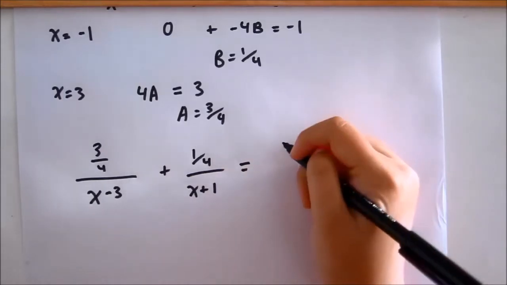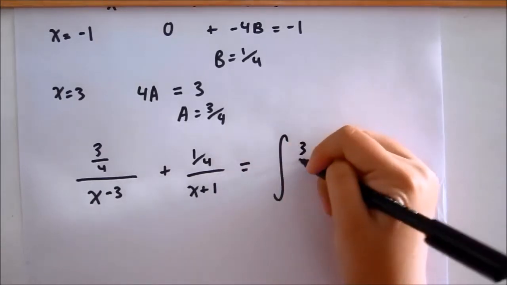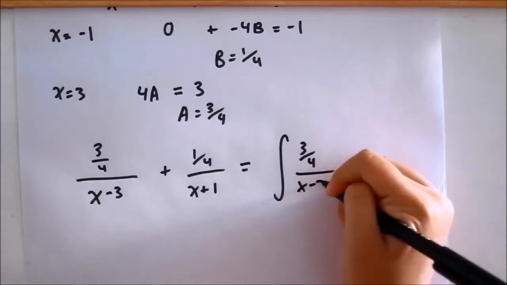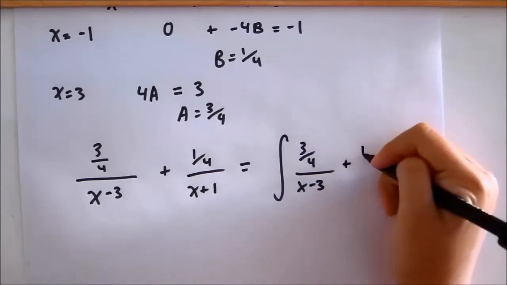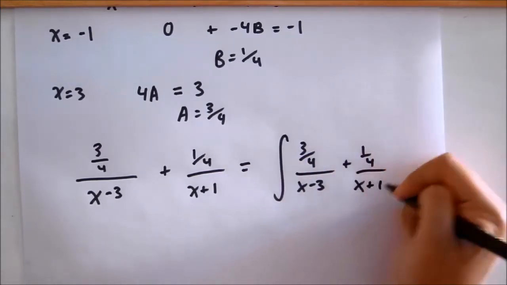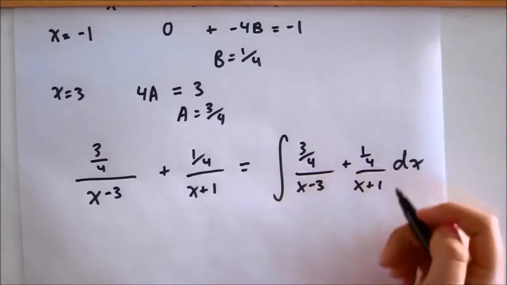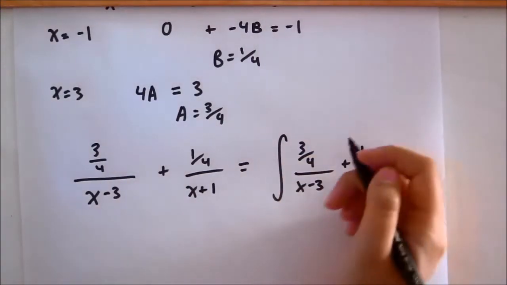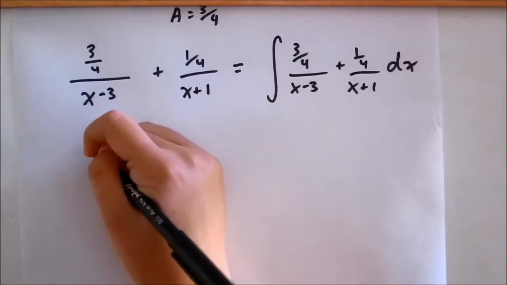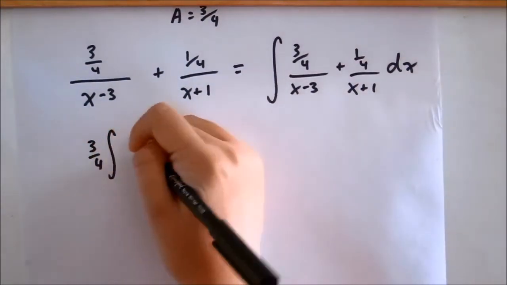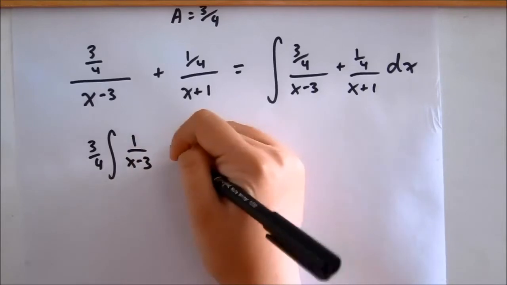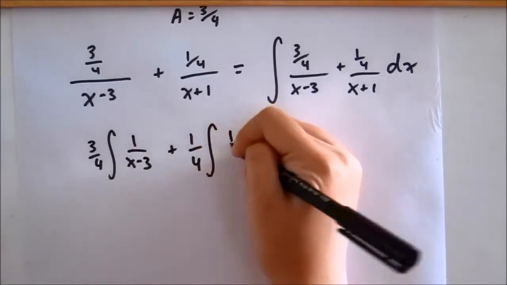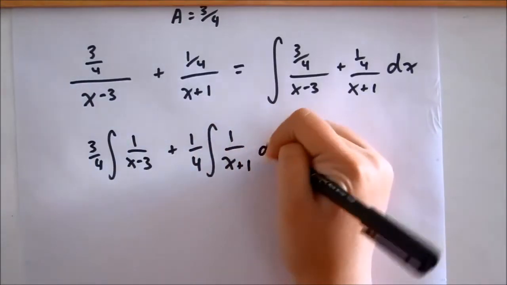So now it's the integral of 3/4 over x minus 3 plus 1/4 over x plus 1. Now we can distribute the integral and pull out these fractions. This integral is equivalent to 3/4 times the integral of 1 over x minus 3 plus 1/4 times the integral of 1 over x plus 1.